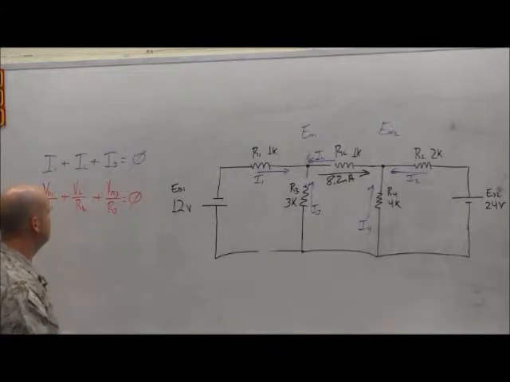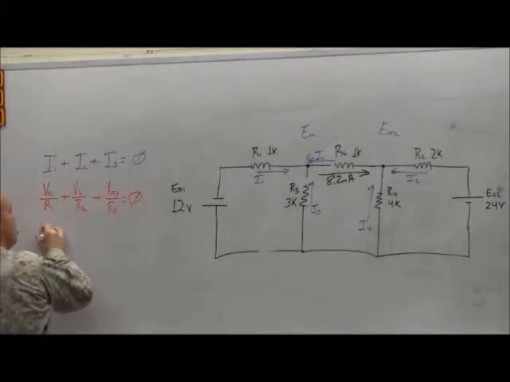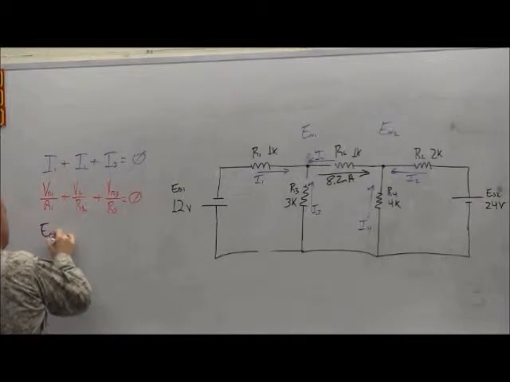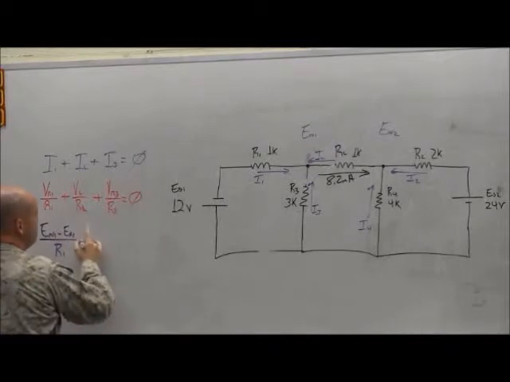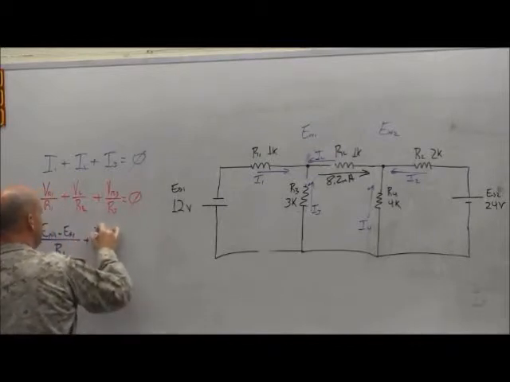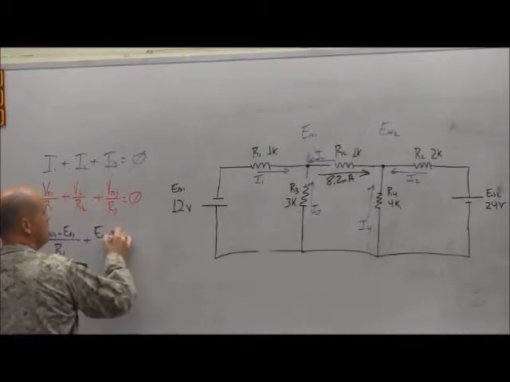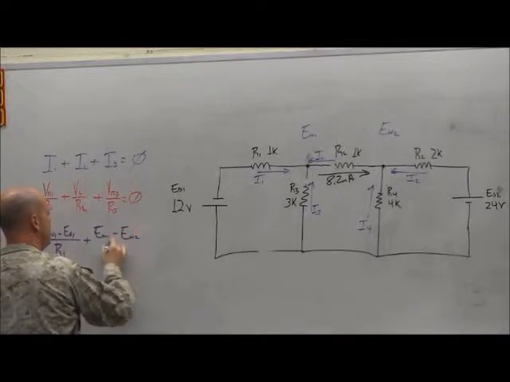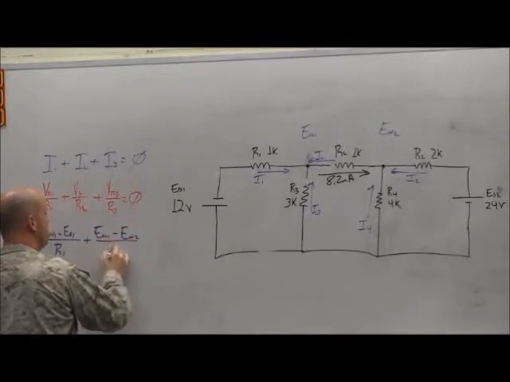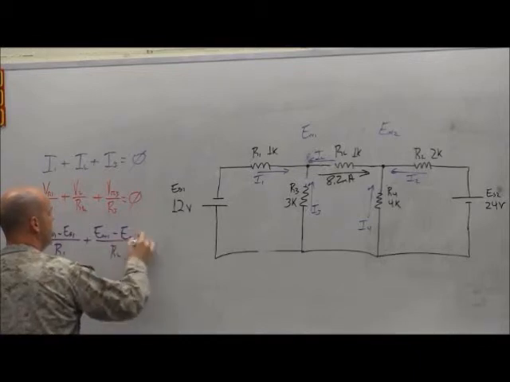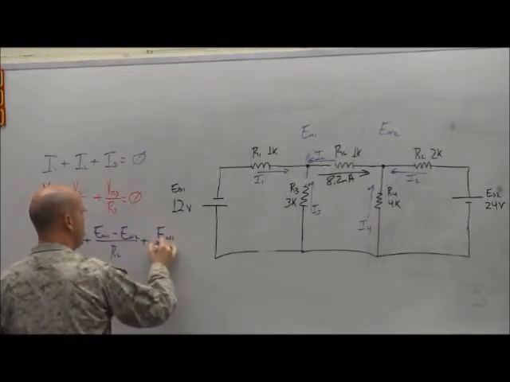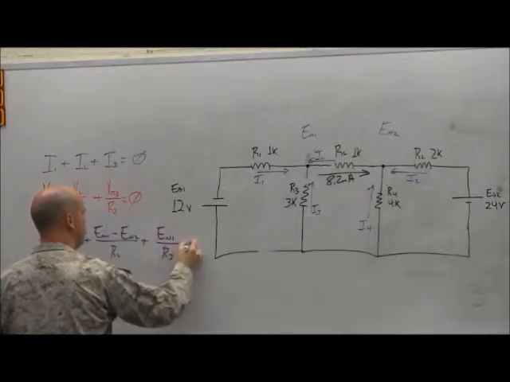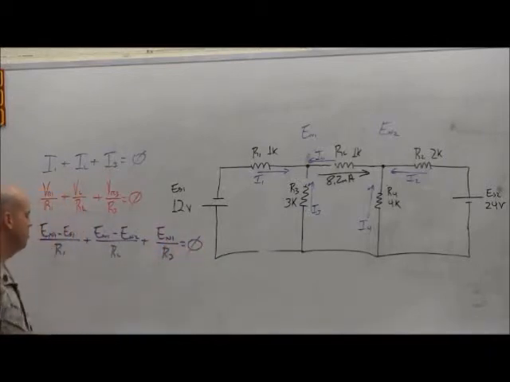Then from there, we'll substitute for our voltages. For VR1, it's going to be En1 minus ES1 all over R1, plus for the voltage of the load, En1 minus En2 divided by RL. And for VR3, it will be En1 over R3, and again, it's still all equal to 0.